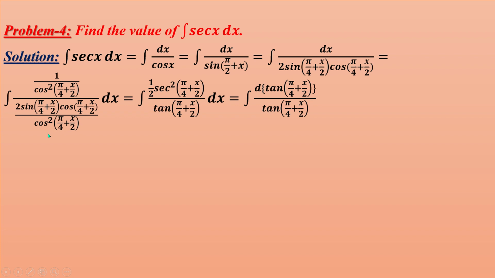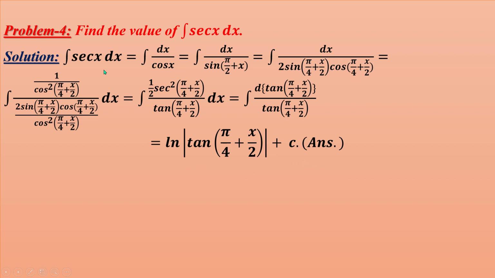Here cos of pi by 4 plus x by 2 cuts, and we get sin of pi by 4 plus x by 2 by cos of pi by 4 plus x by 2. As a result, this will be tan of pi by 4 plus x by 2. Now this equals half of sec square of pi by 4 plus x by 2 dx, and we know this because in my previous theorem I had explained. So this equals ln of tan of pi by 4 plus x by 2 plus c.